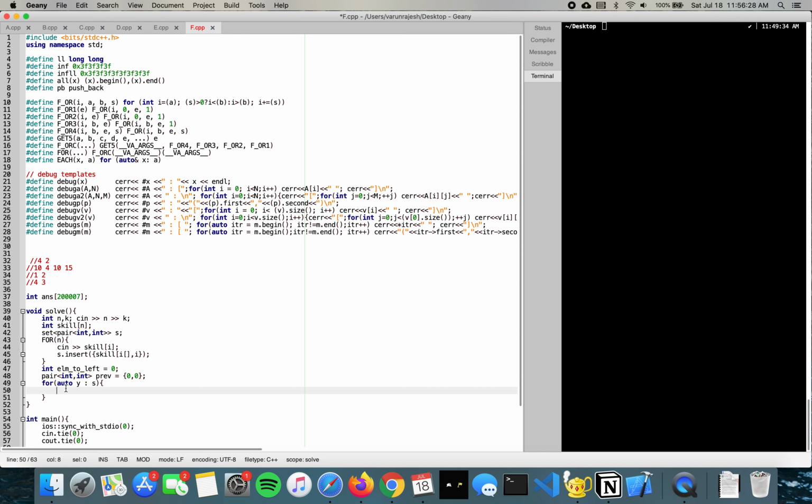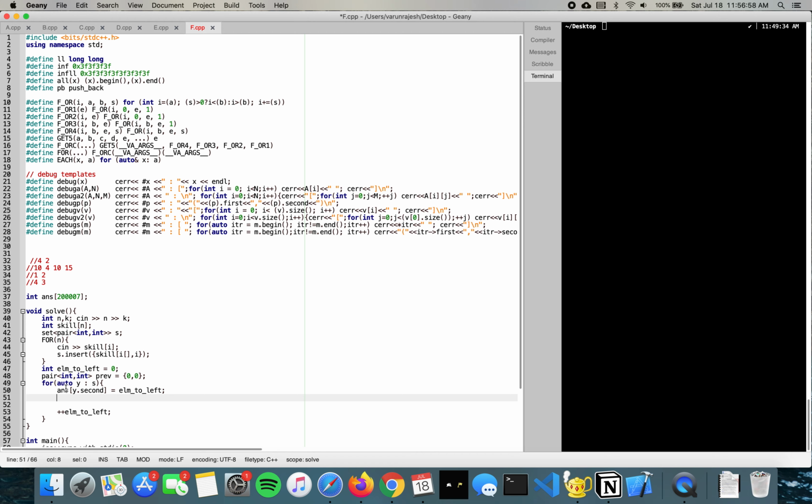So now let answer of y dot second, so this will be for that person, the number of mentees it can have would be the number of people to the left, and after each term we just increase the number of people to the left, right?